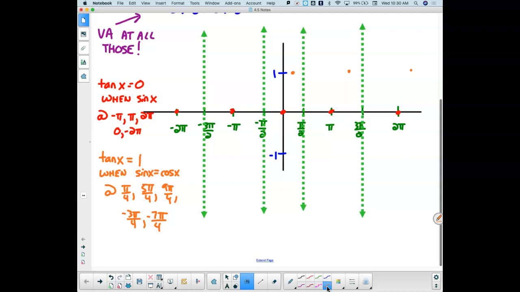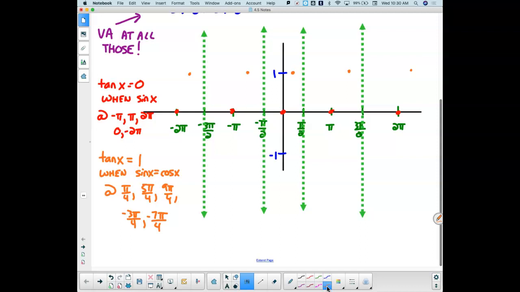Negative 3 pi over 4 is there, and negative 7 pi over 4 is there. With me? Okay. What's the other easy one?